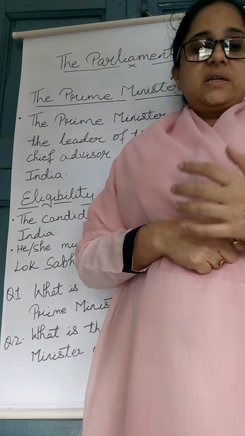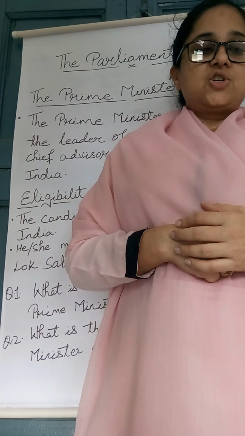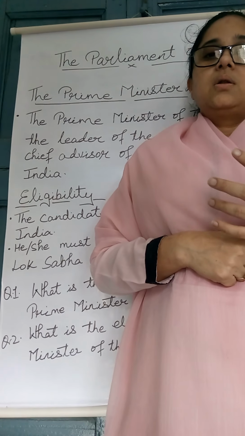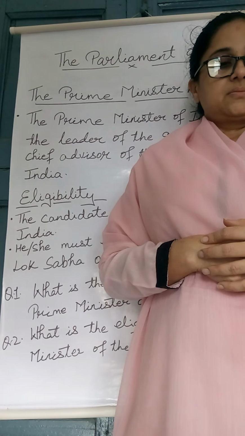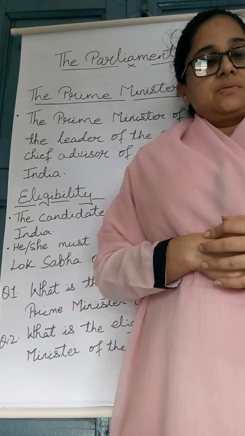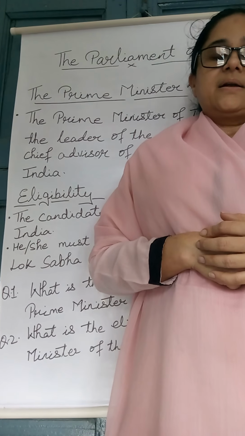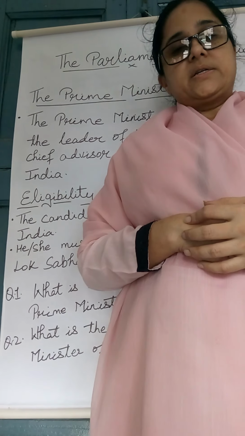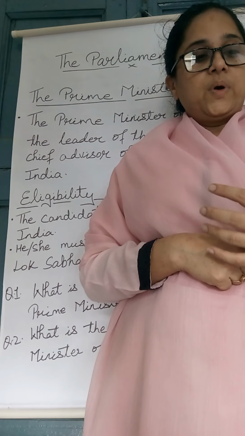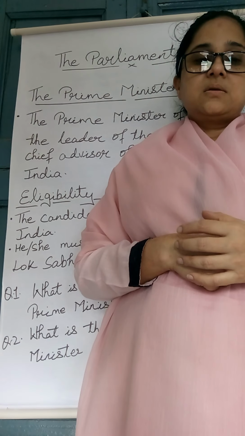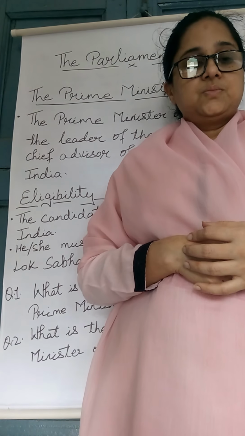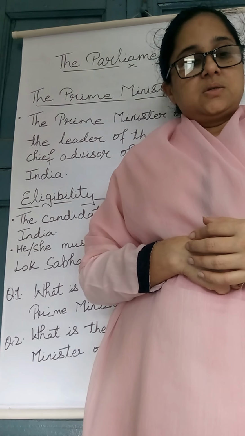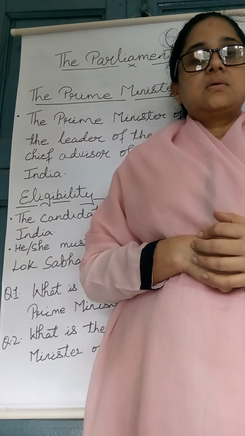His resignation means the resignation of the whole cabinet. The Prime Minister presides at the cabinet meeting. He coordinates the working of various ministers. All the ministers work under his leadership.